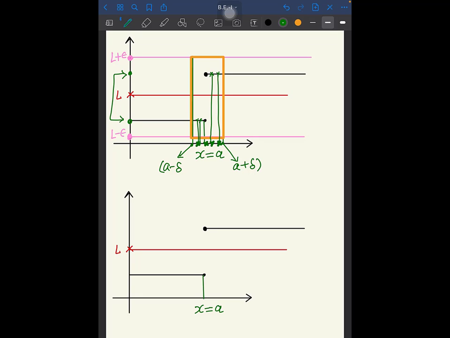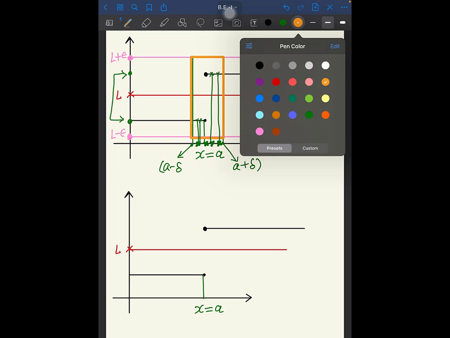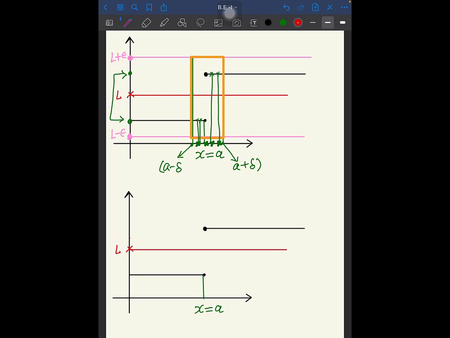Take the same picture and see the second part. I'll take the red color and choose a smaller epsilon around this L and draw the horizontal lines, this and this.